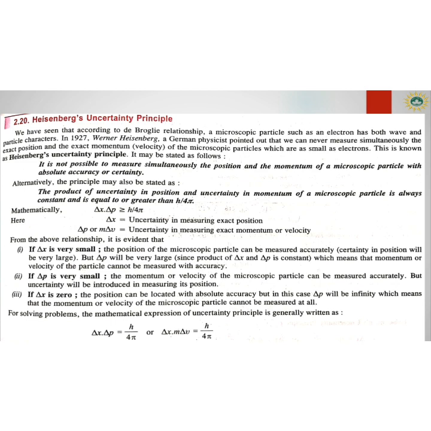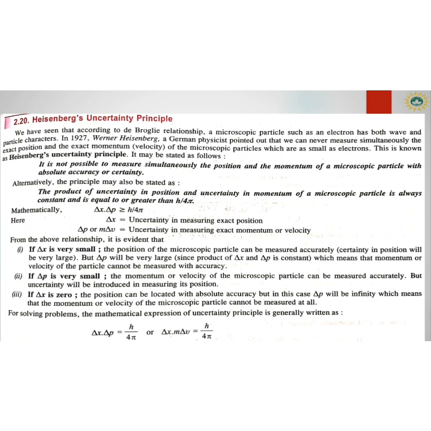And if delta p is very small, the momentum or velocity of the microscopic particle can be measured accurately, but the uncertainty in position cannot be measured. So if one value is small, the other value will be very large, and because it is very large, we cannot measure that value correctly. If we calculate the position accurately, then the momentum will become very large, a number we cannot calculate. And if we can easily measure the momentum or velocity, then we can never measure the position, because that value is much bigger.